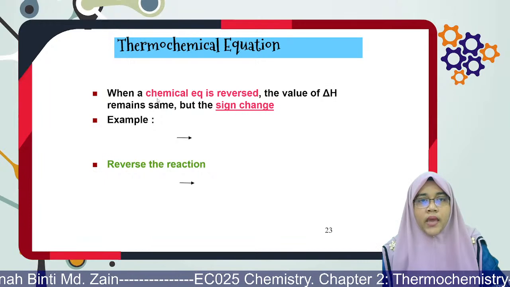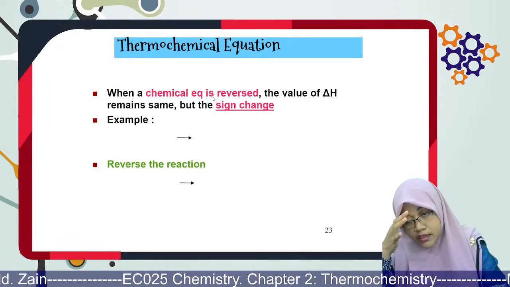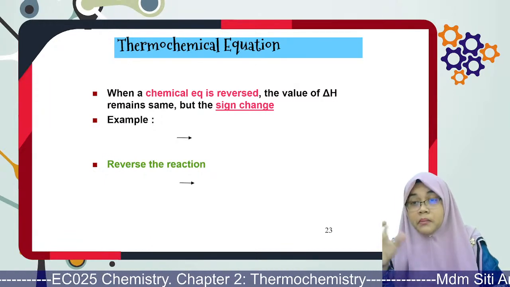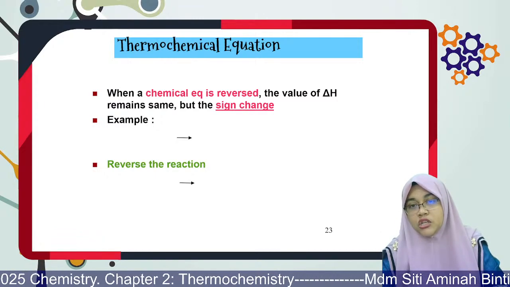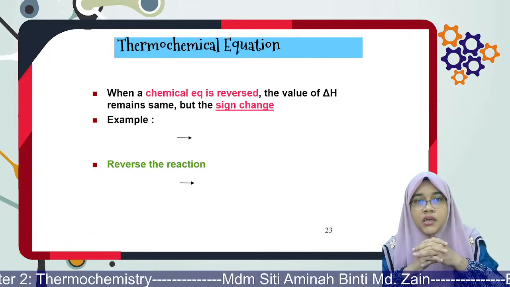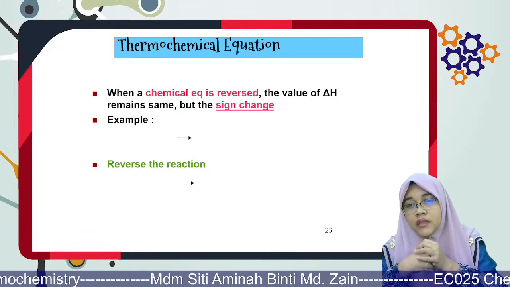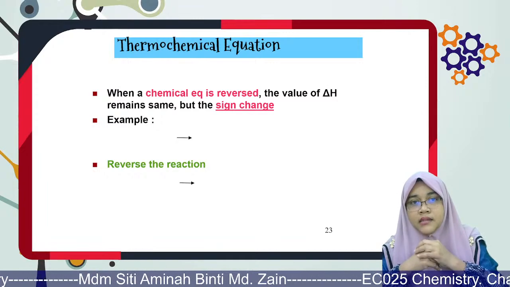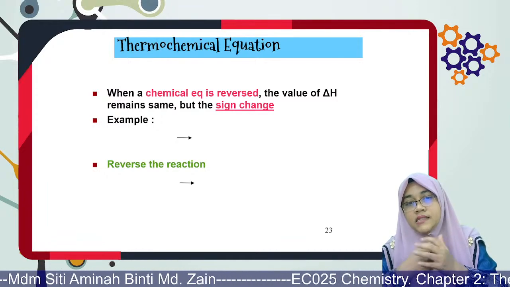When a chemical equation is being reversed, kita terbalikkan, the magnitude of delta H remains, but the sign of delta H is changed.